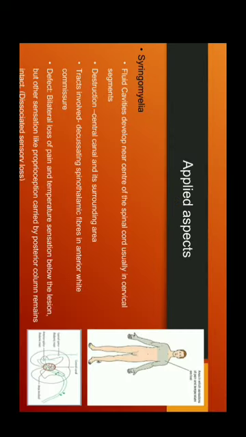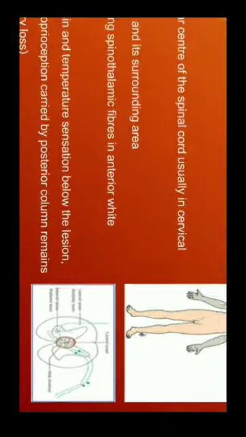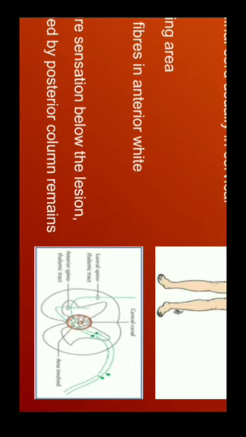Let us come to the applied aspect. As I said before, syringomyelia. Syringomyelia is nothing but fluid in the central canal. It increases, leading to damage to this area, causing damage to the tracts which are crossing here.